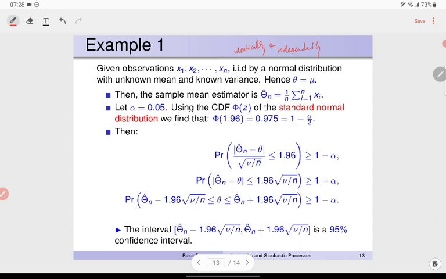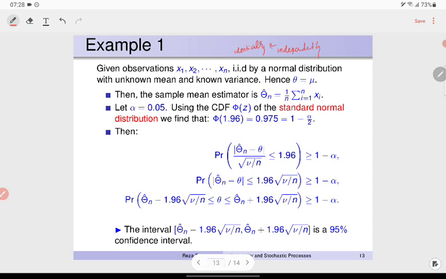We find that phi of 1.96 is exactly equal to 0.975, and this is what we fix to be 1 minus alpha divided by 2. Why do we divide it by 2? Because we have a left side and a right side. So in this case, our alpha is 5% and the point we take on the standard normal distribution is at 1 minus alpha divided by 2.